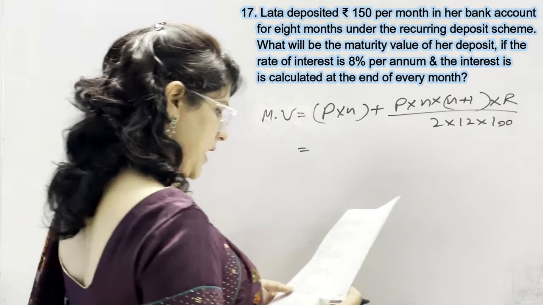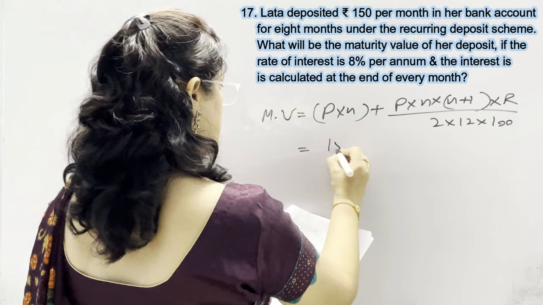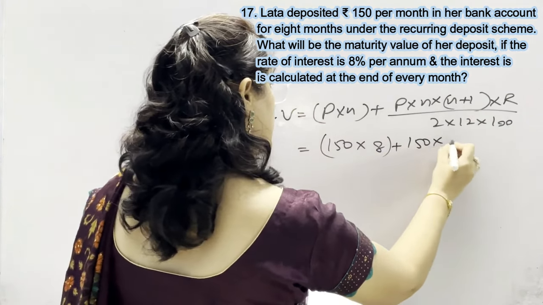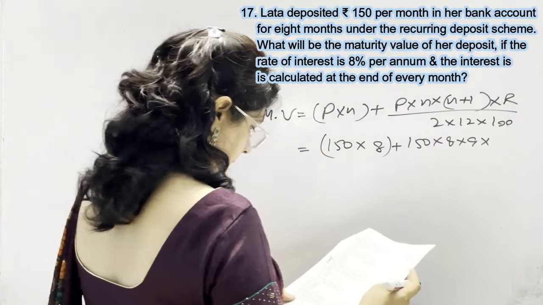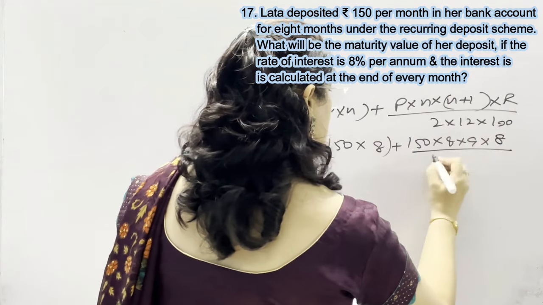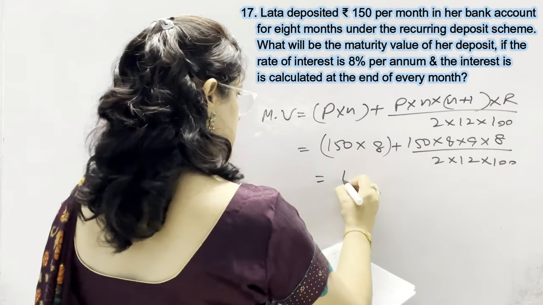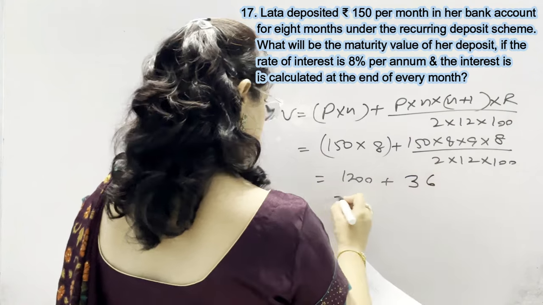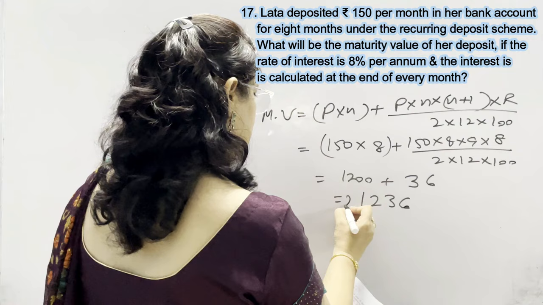I am sure by this time you have totally remembered this formula. So 150 is the principal amount given, N is 8 months, so 150 into 8 into 9, and the rate given here is 8%, so 8 upon 2 into 12 into 100. So 150 into 8 is 1200. After solving this, the value is 36. So 1236 rupees.